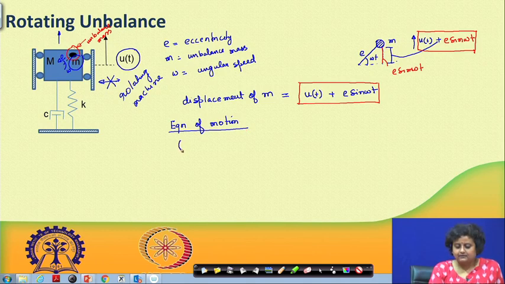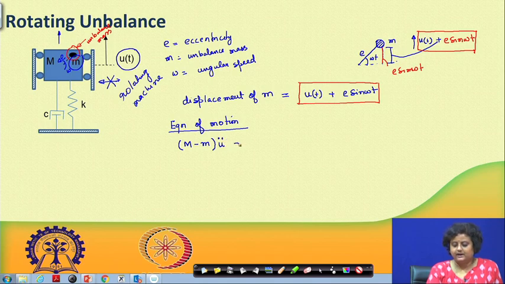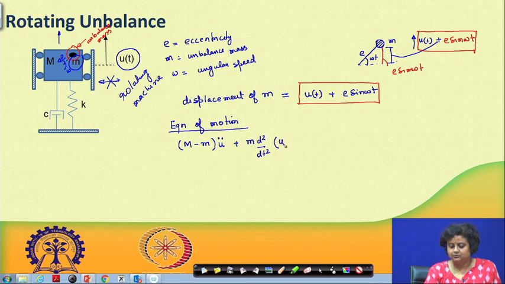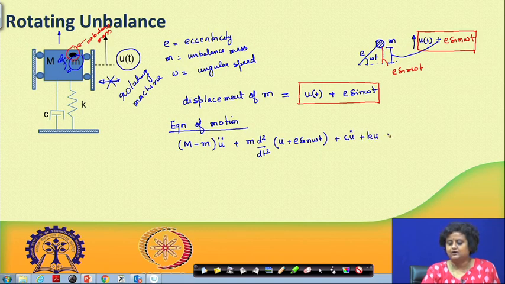Therefore, the inertial force on the entire machine can be written as (M minus m) u double dot, plus small m, which is also a part of the machine, into the double time derivative of (u plus e sin omega t), and then of course I am going to have the damping force, which is C u dot, and K u, and that is equal to 0.